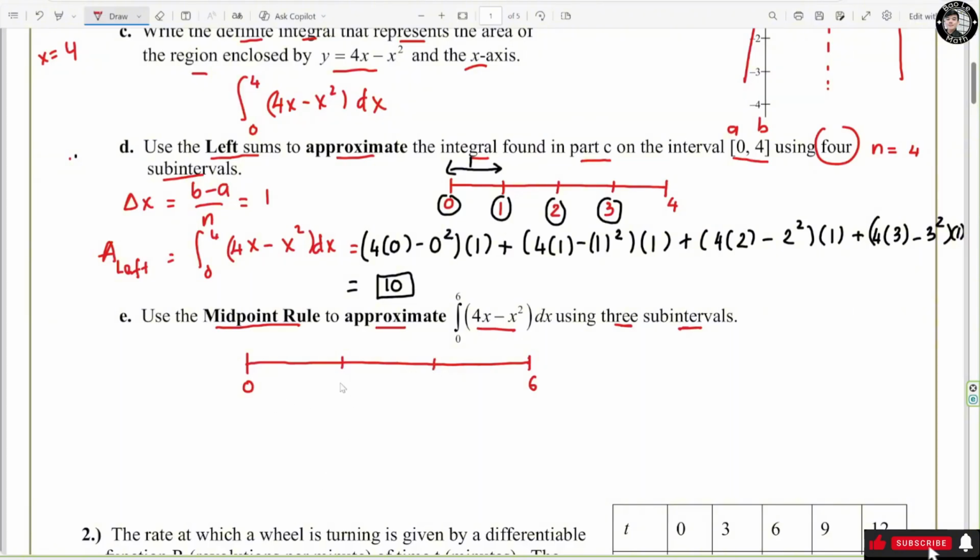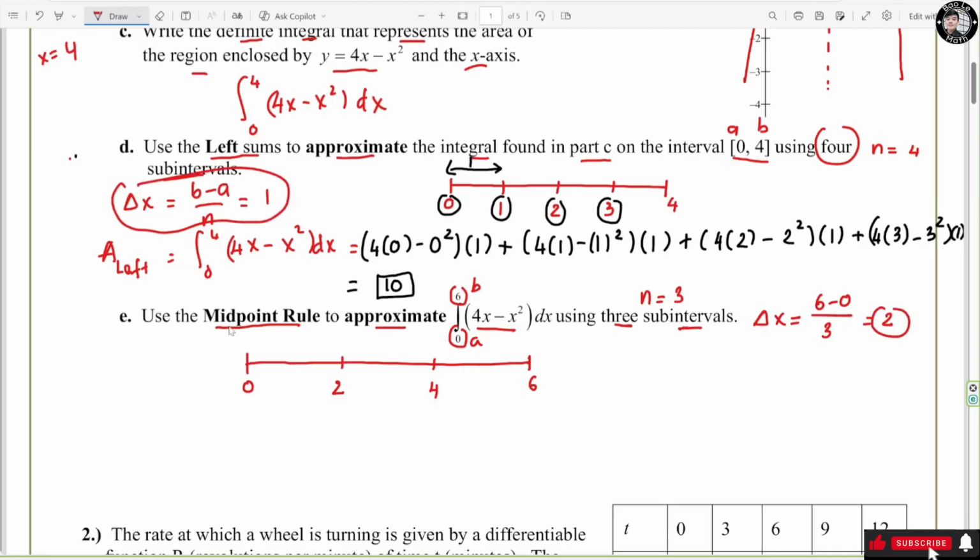So this one should be 2 and this one should be 4. And delta x is actually 2. It's going to be 6 minus 0 divided by 3, which is 2. This one is b, this one is a, and n equals 3. Substitute into this formula right here. We get delta x equals 2.